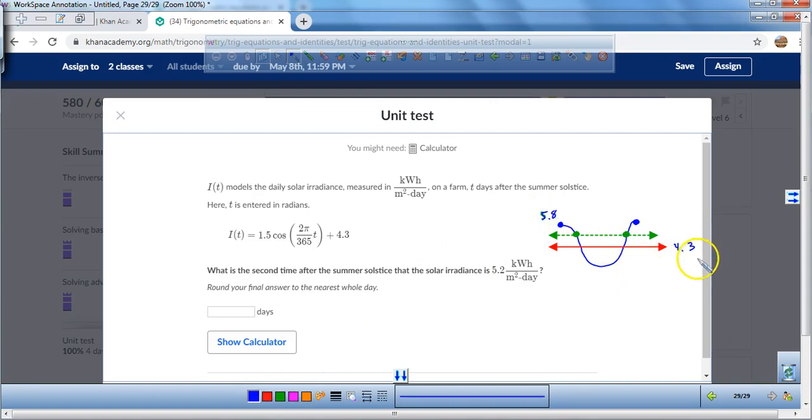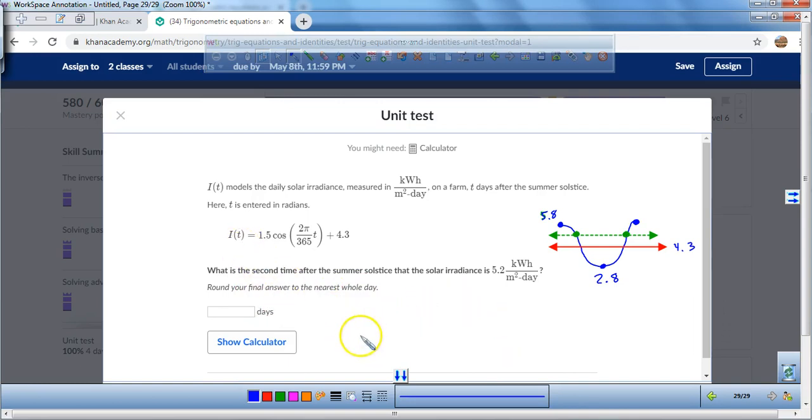And if you took 1.5 away from the midline, you'd have your lowest point down here, which is 2.8. So that'd be your minimum. It says to round your final answer to the nearest whole day, so once we get our final answer, we just round to the nearest whole day.